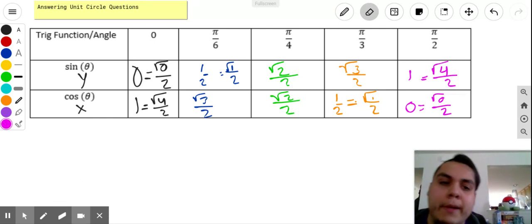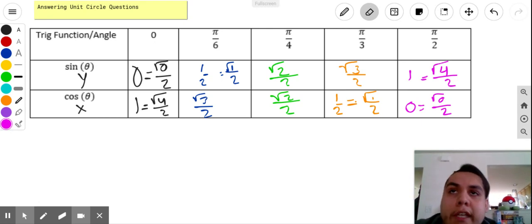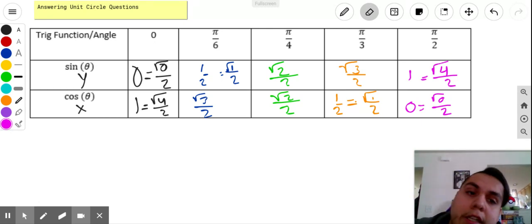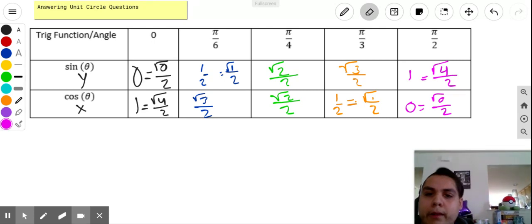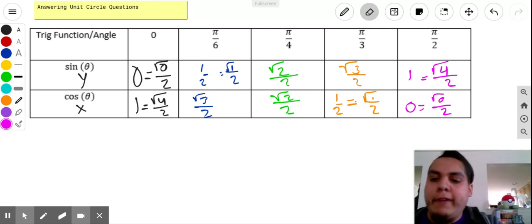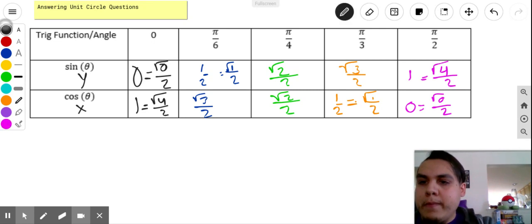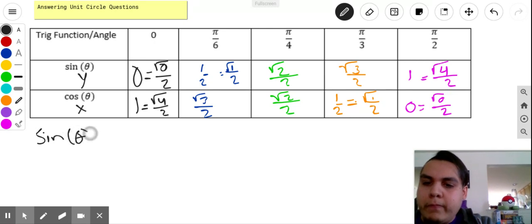Last video, we were talking about sine, cosine, tangent, cotangent, secant, and cosecant. So, if I have sine of an angle, it is equal to 1 over cosecant of an angle, aka the reciprocal.